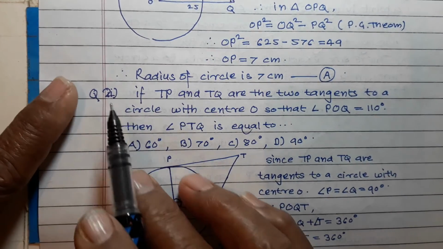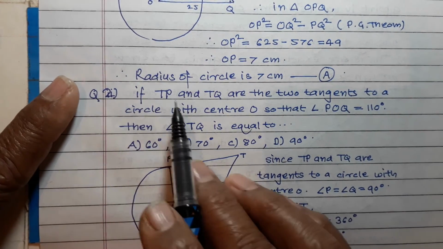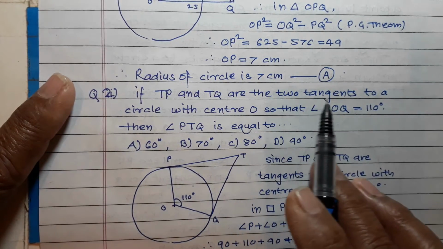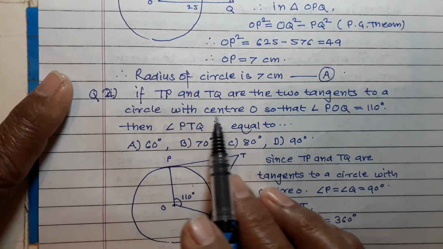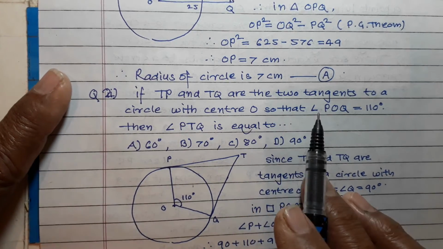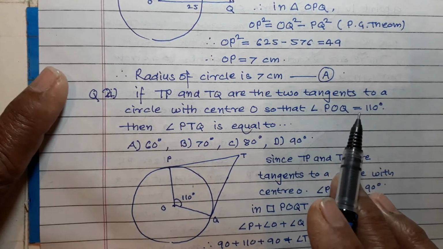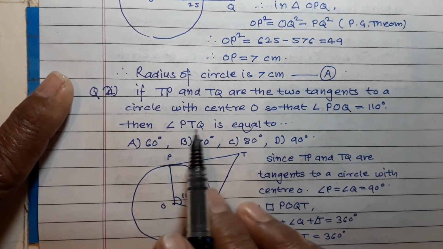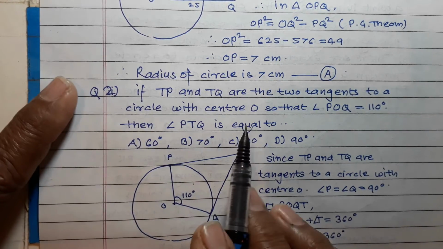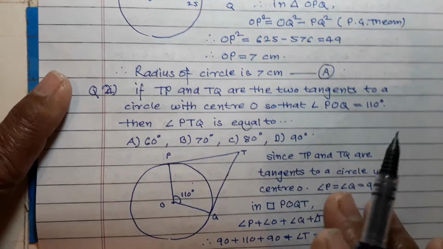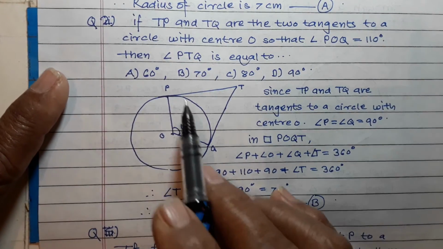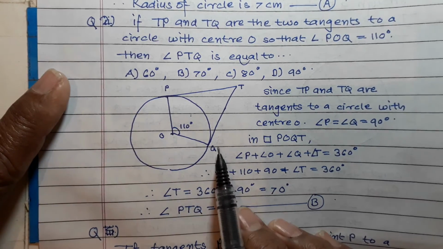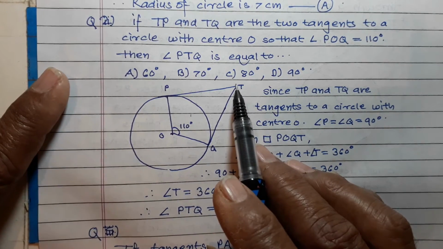Question number 2. If TP and TQ are the two tangents to a circle with center O, such that angle POQ is equal to 110, then angle PTQ is equal to. Now this is a circle with center O. This is the radius. T is an external point.